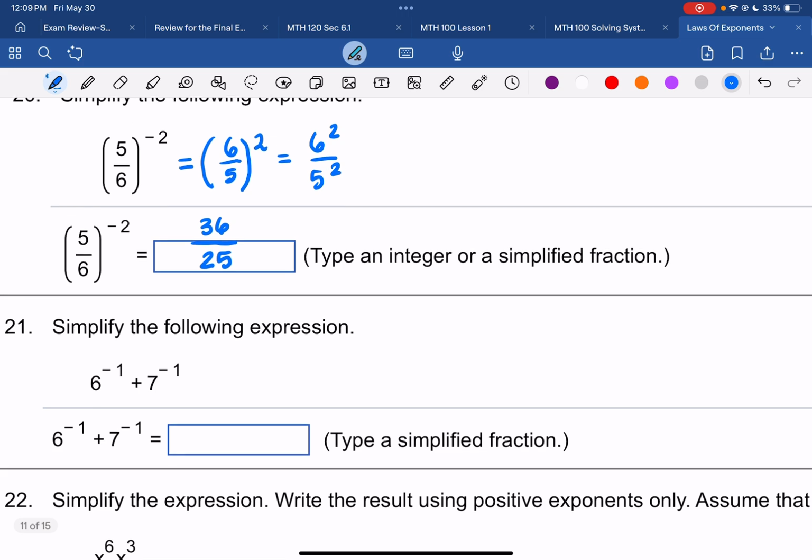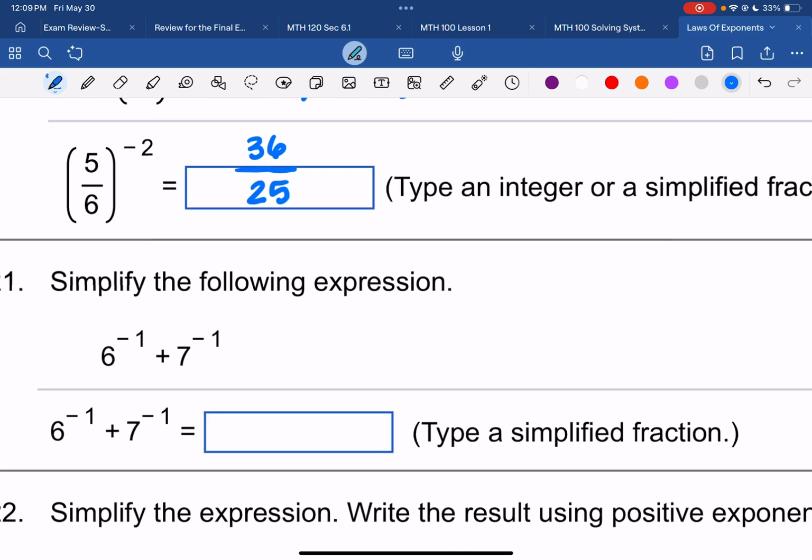In number 21, I want to be careful. I want to remember that I don't put these in a single denominator because of the plus sign. This is going to be 1 over 6 to the 1, which I don't have to write the exponent 1, plus 1 over 7. I can use my fraction key to answer this, or I can get a common denominator.